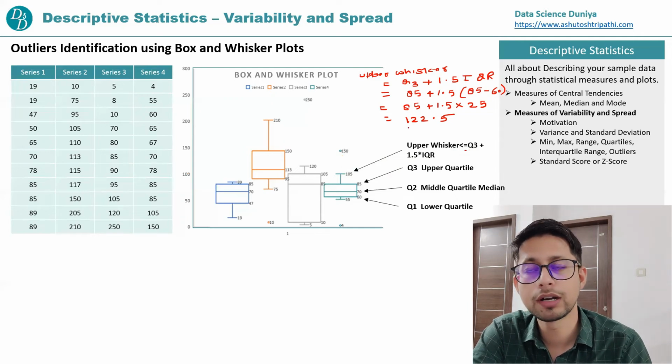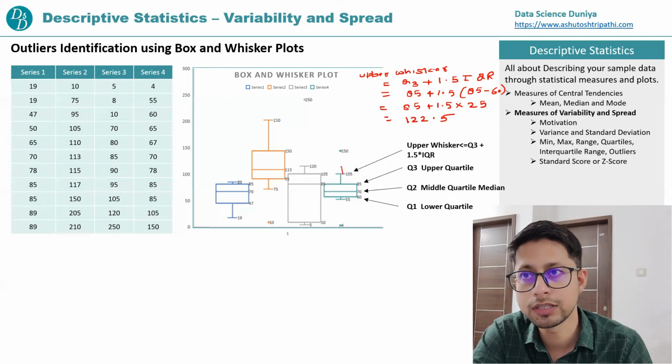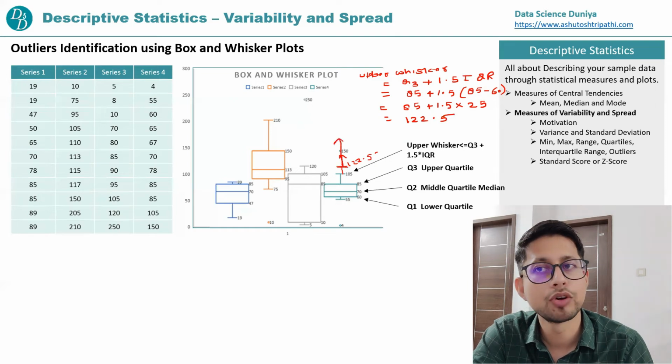But if you are asked to find the outlier, we have a range here. Somewhere here 122.5 will come. Any point beyond this will be your outlier.